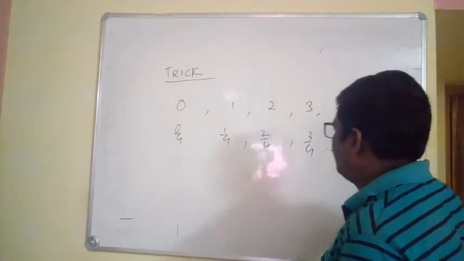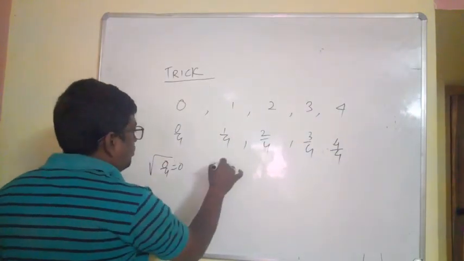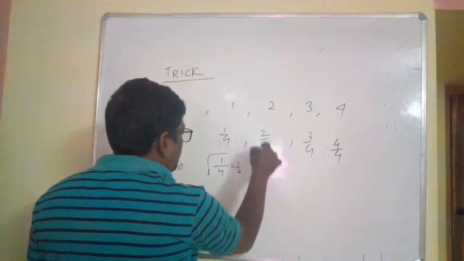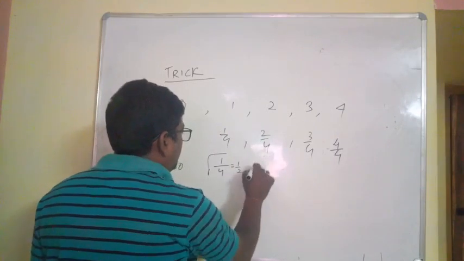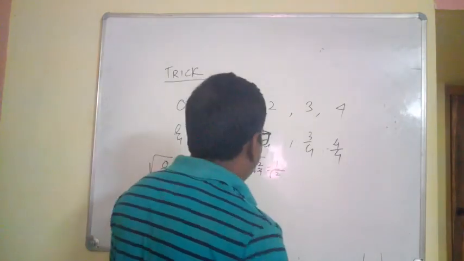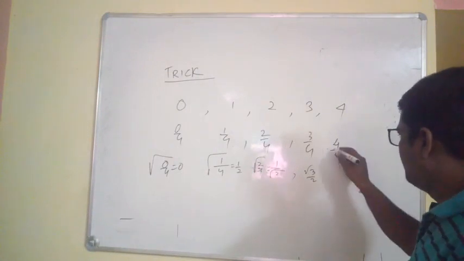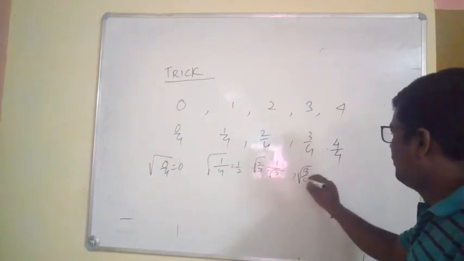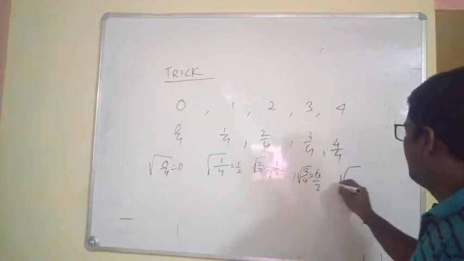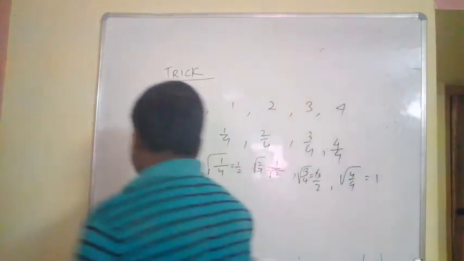Then take the root. Root of 0 by 4 is 0, root of 1 by 4 is 1 by 2, root of 2 by 4 is 1 by root 2, root of 3 by 4 is root 3 by 2, and root of 4 by 4 is 1. This is for sine.